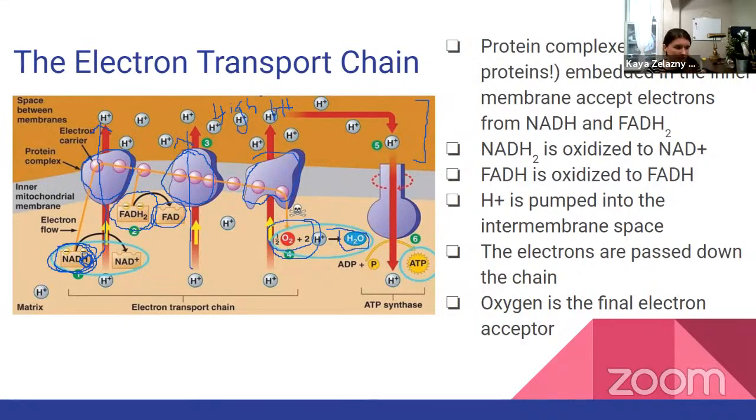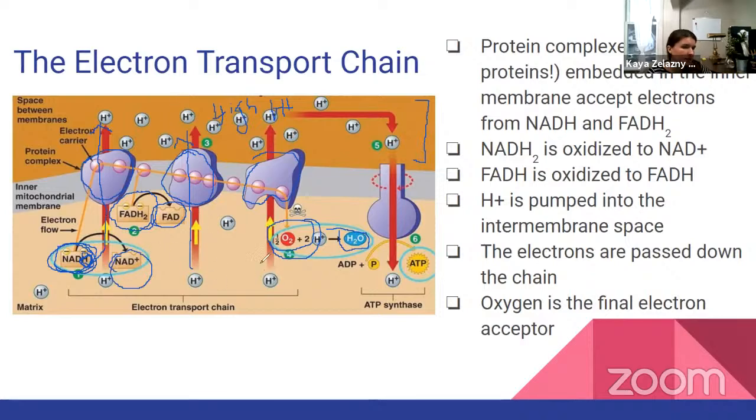We didn't see oxygen in glycolysis, didn't see it in pyruvate oxidation, didn't see it in the TCA cycle, only happening right here. But it's super important because if we don't have oxygen, we can't end the electron transport chain. So everything backs up, right? It means we can't regenerate NAD+, which means we can't do glycolysis, right?